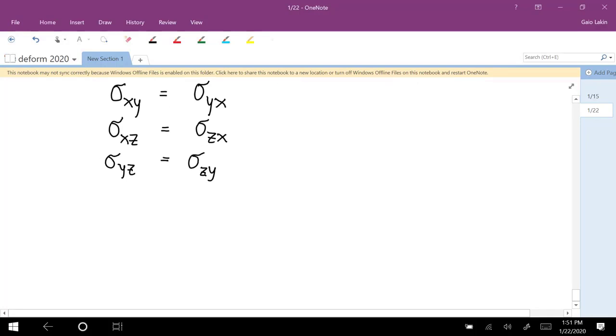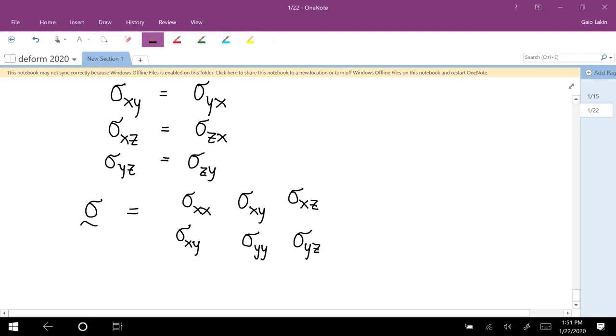So this stress tensor is represented by this 3x3 matrix. Sigma XX, sigma XY, sigma XZ. Symmetry says this is XY again. YY, YZ, XZ again, YZ again, and ZZ.